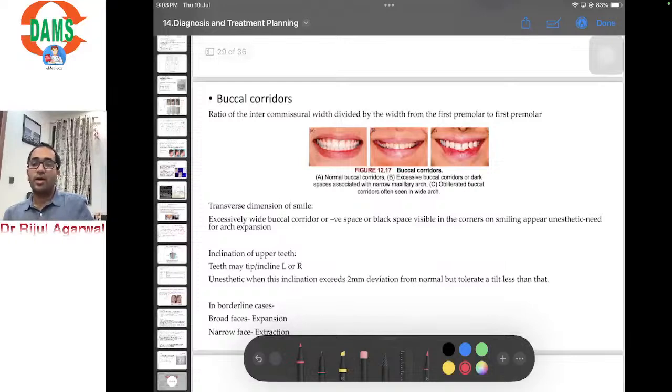Next comes buccal corridor. Buccal corridor is the amount of dark space which you see. It is the ratio of intercommissural width divided by the width from first premolar to first premolar.